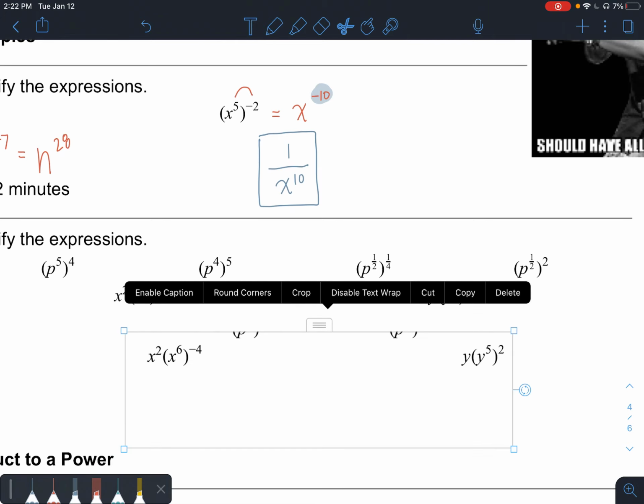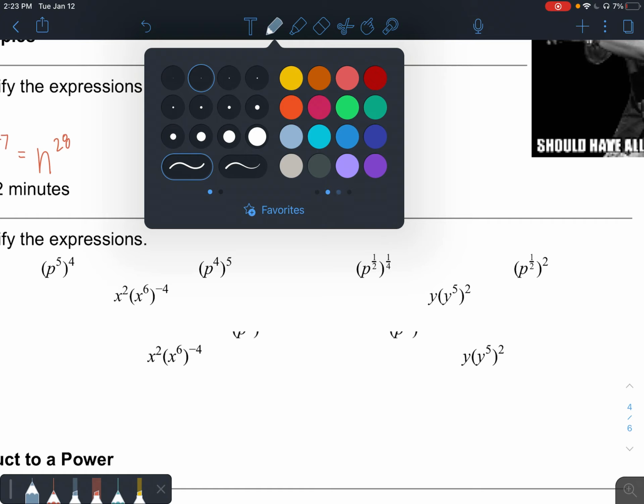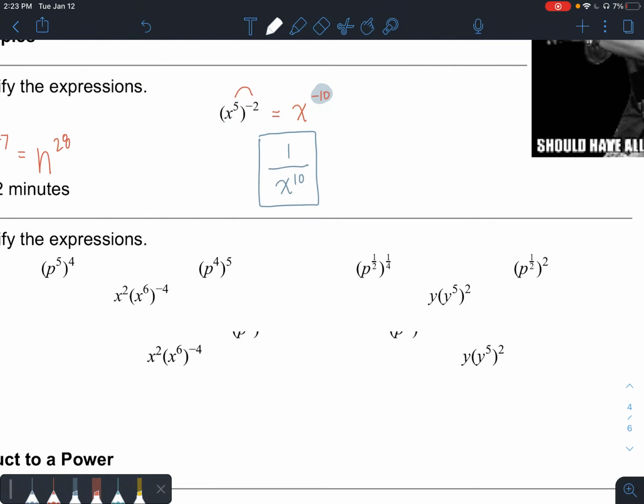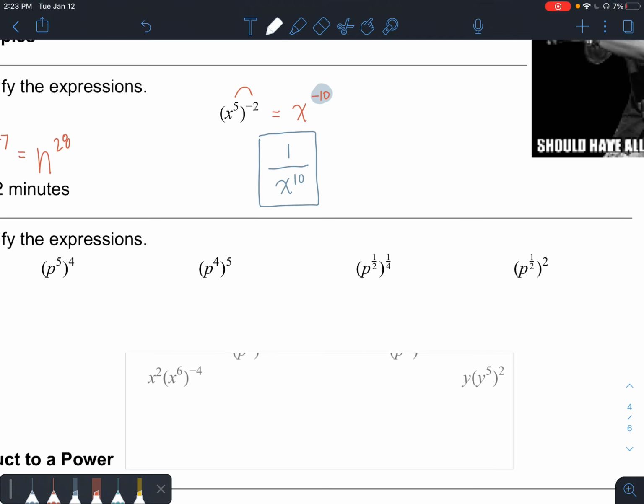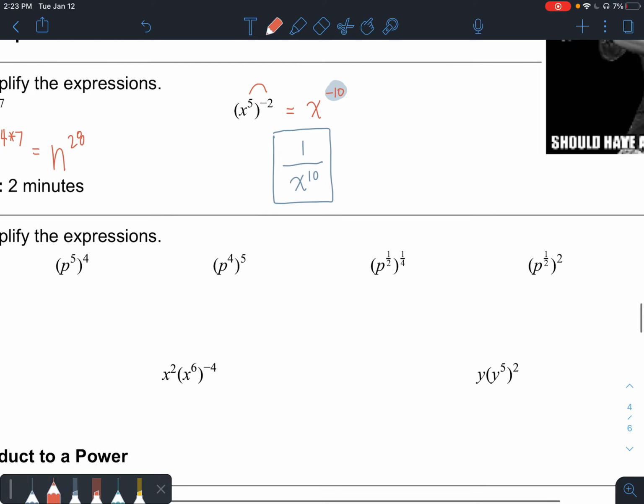Whatever, that's fine. Just wipe this out. There, now we have a little bit more room. Okay, so hopefully you already started those on your own.